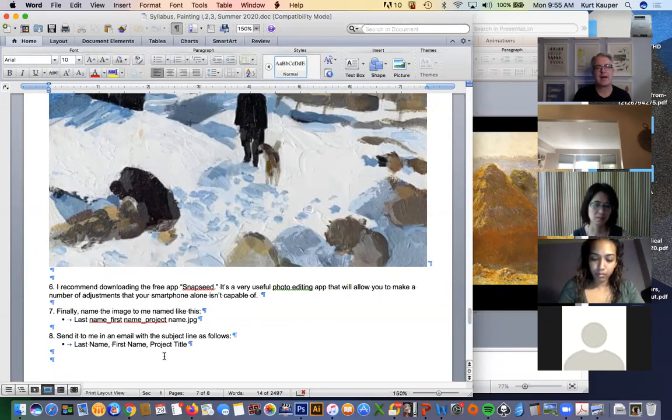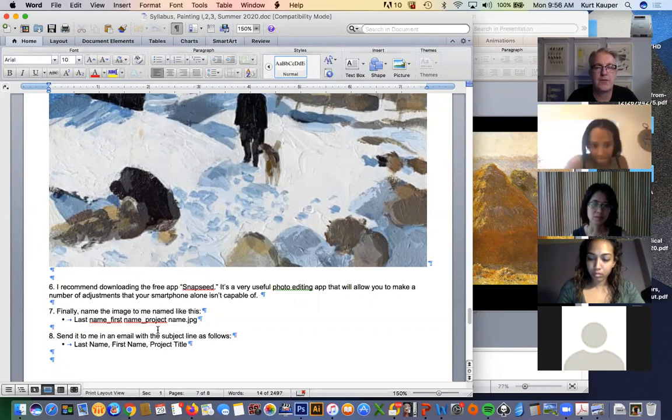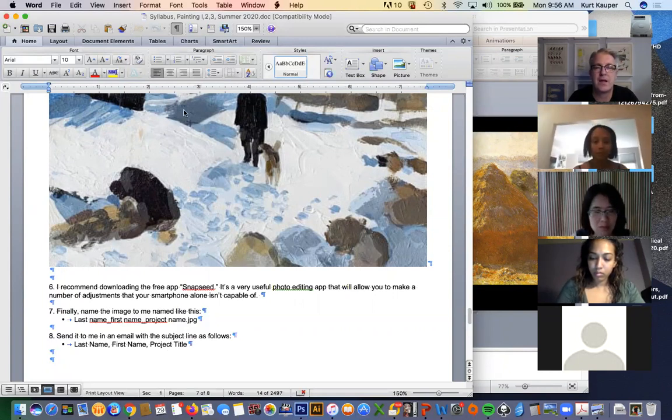Now I can't believe phones don't allow you to do this. I only just found that out in my last class. But if you put the photo in Photoshop or whatever photo editing software comes with your computer, you should be able to do that.